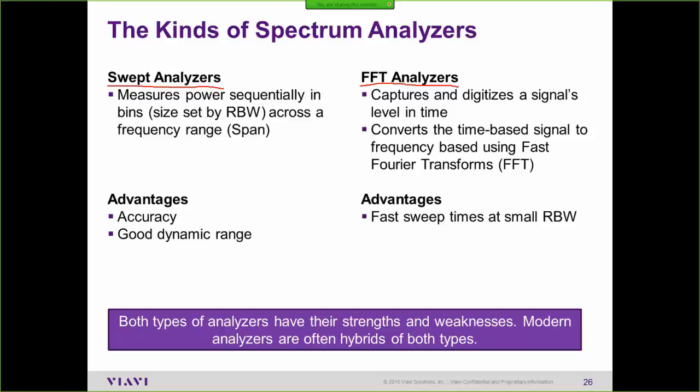So if you narrow the RBW way down and start slowing down, then you're going to want to put it into FFT-based mode. And to do that, you press the sweep key on the keypad, and then you press sweep mode and choose fast. And you'll notice up here in the top left now on this display it says FFT.